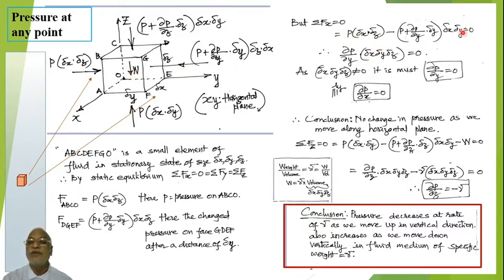Now if you simplify this, you can see here P into delta x, delta z is there, and P into delta x, delta z is there. Something has gone wrong here; it should have been delta x, delta z.